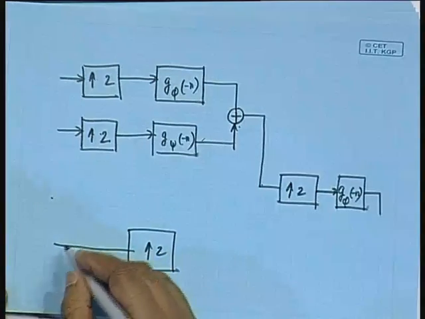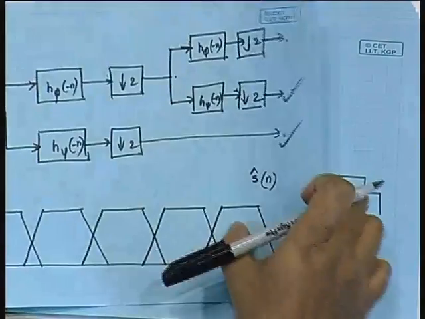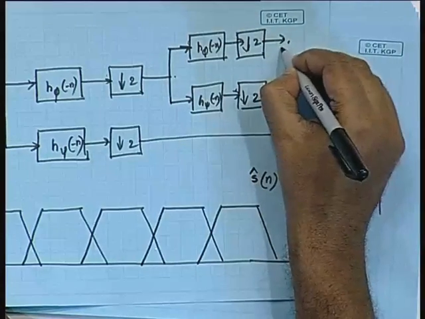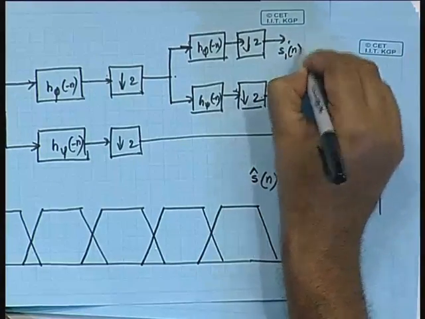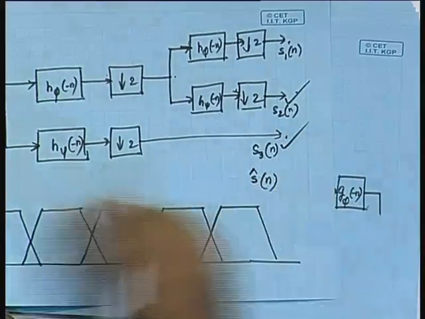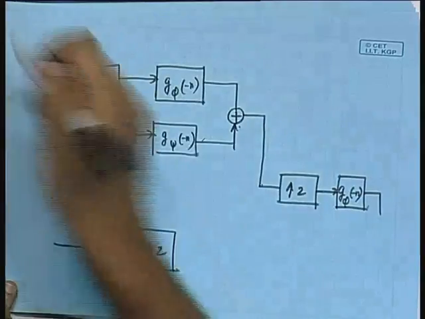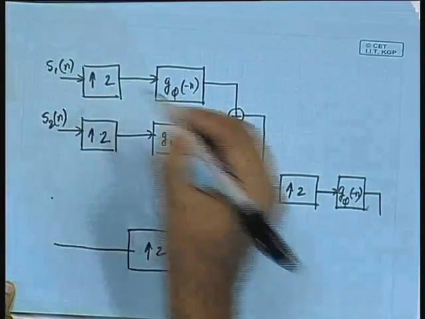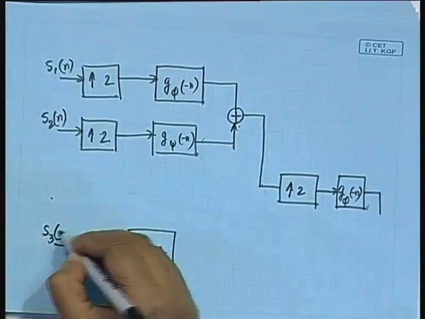If you say that this is S1 of n, this is S2 of n, and this is S3 of n, okay, this one is S1 of n, this one is S2 of n, and this is S3 of n.